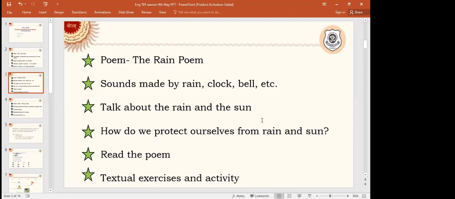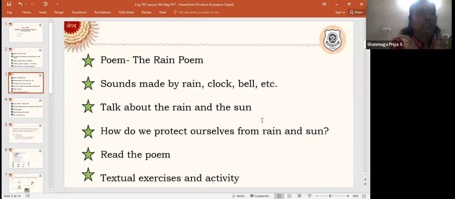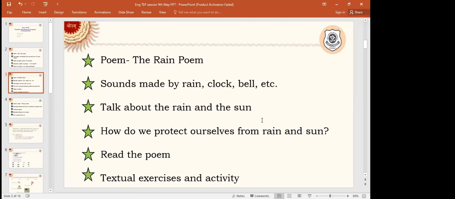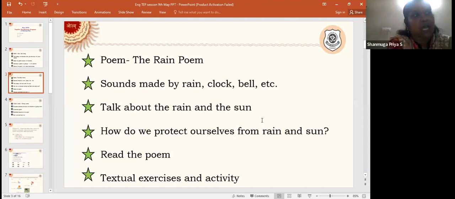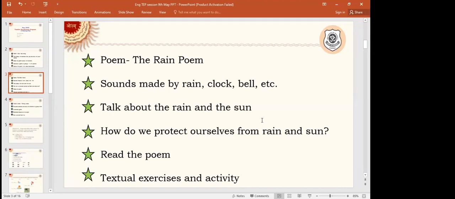Raindrops. Raindrops are falling from the sky. Very good, ma'am. Then what does the umbrella do? Covers us from sun and rain. Yes, the umbrella keeps us safe and dry.